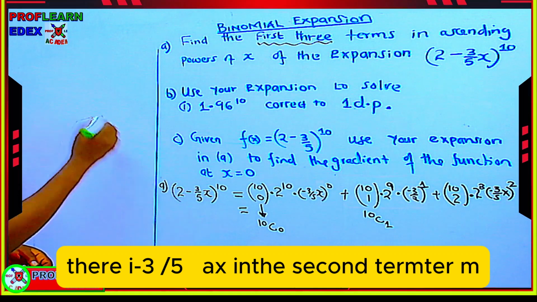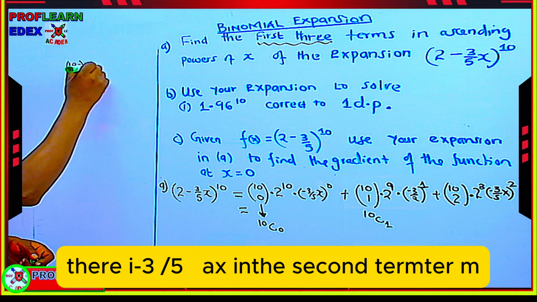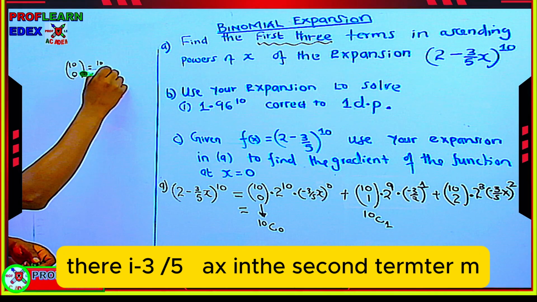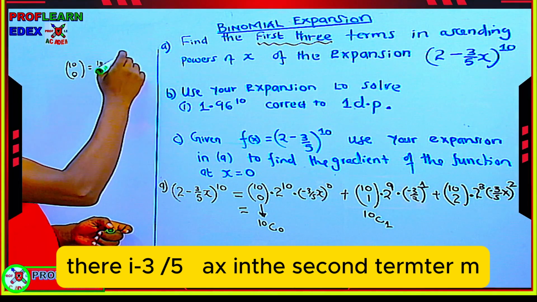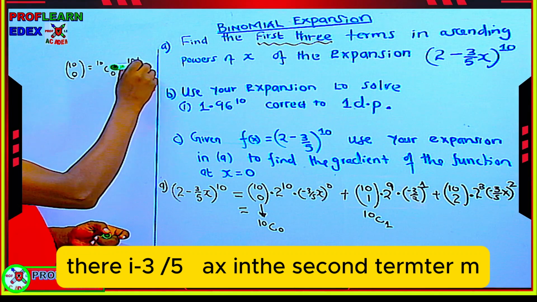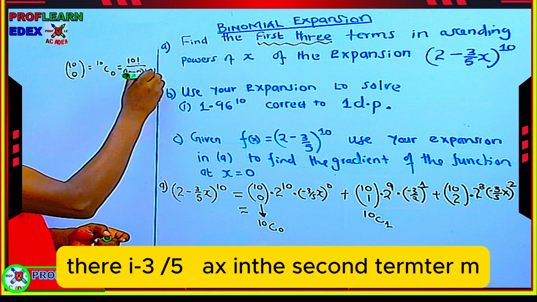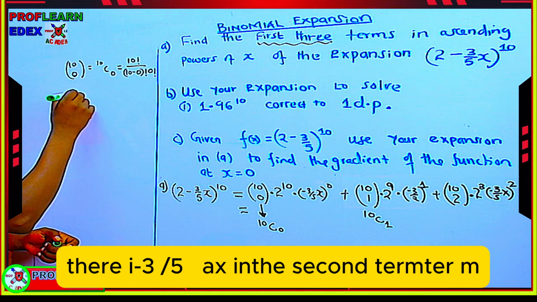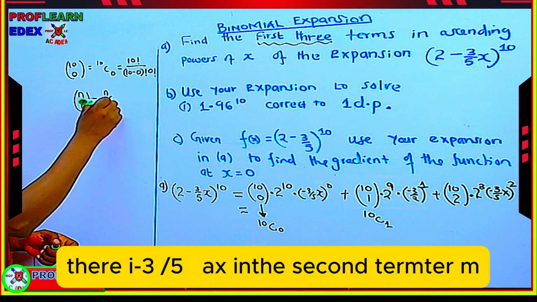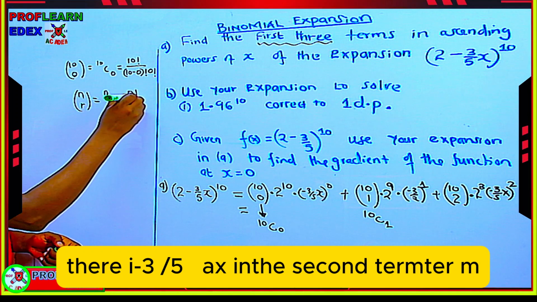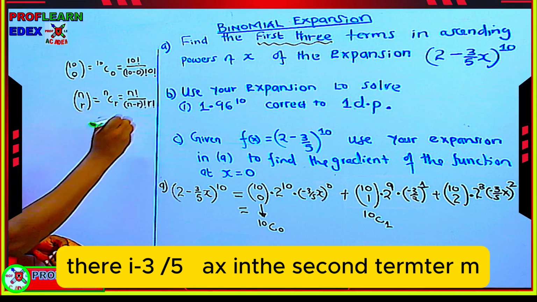Let me remind you that 10 combination 0 can be written as 10 factorial over 10 minus 0 factorial, then 0 factorial, because the general form of n combination r is n factorial over n minus r factorial, then r factorial.